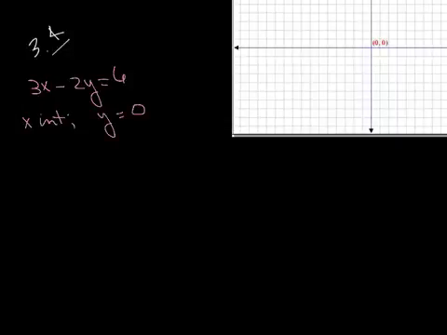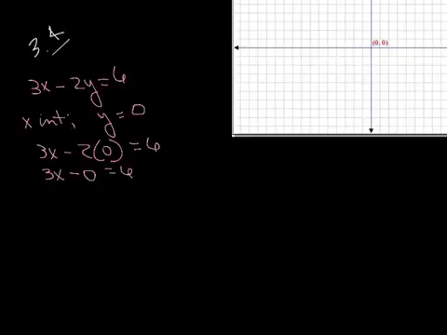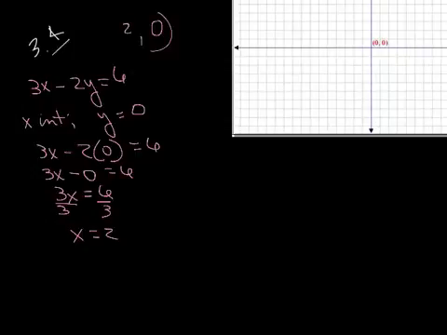So whenever we see a y in this equation, we're going to put a 0 in its place. And we're going to find out what the x value is. So 3x equals 6, divide by 3, divide by 3, so x equals 2. So when y is 0, x is 2.